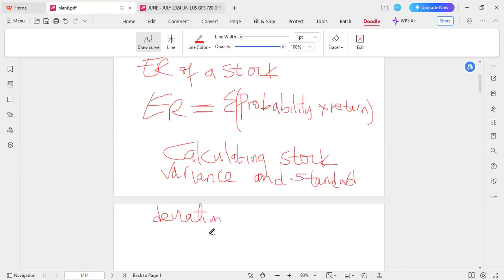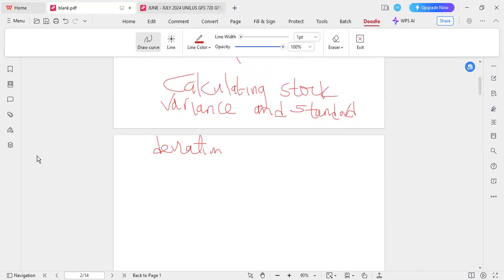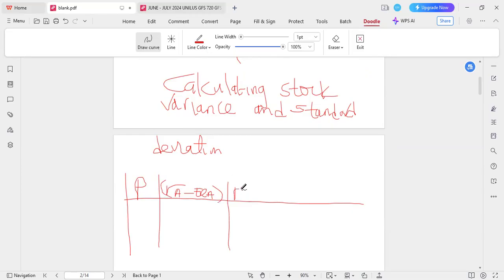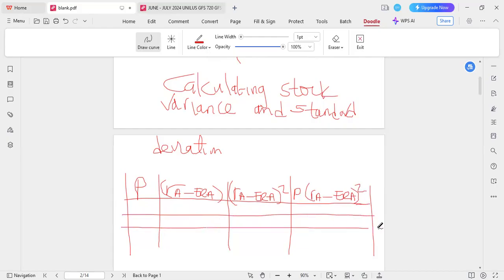So for our stock variance, we are going to have the probability, then the return of a stock minus expected return of a stock, squared, then probability times return of a stock minus expected return of a stock squared. These are what we call the variances.